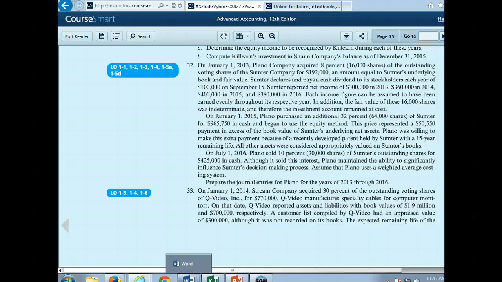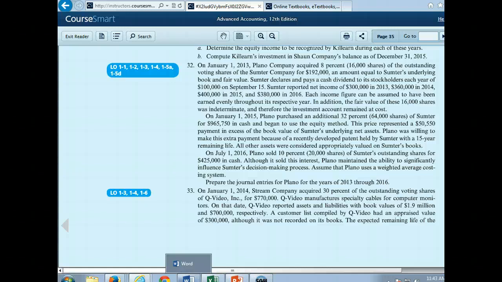On January 15th, 2 years later, Plano purchased an additional 32% of Sumter for $965,750 and began using the equity method. Because now they have a significant investment, we have to go back and readjust retroactively 2 years.